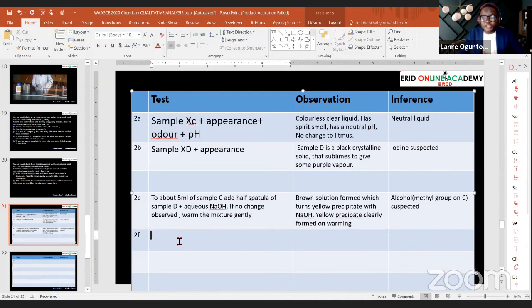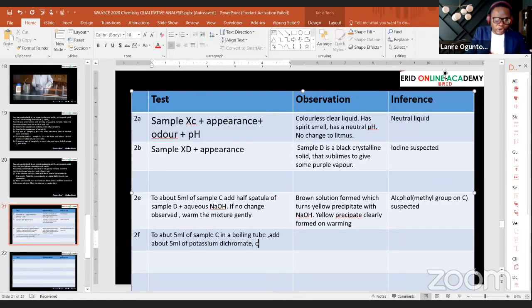Oxidation test. So they can also tell you to take about 5 ml of sample C in a test tube, or boiling tube if you like. In a boiling tube, add about 5 ml of potassium dichromate.